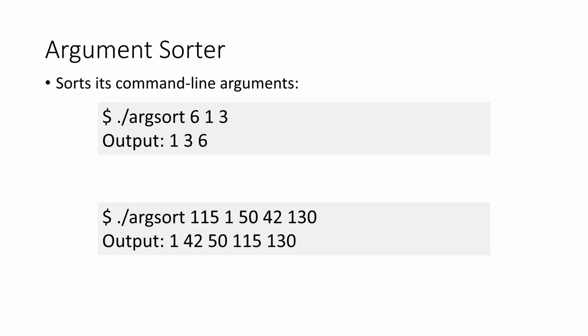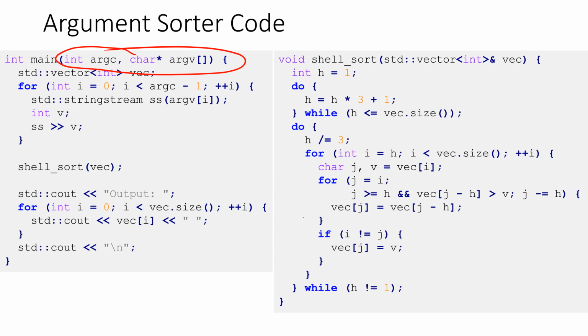So in this case, argc would have been 4. In this case, argc would have been 1, 2, 3, 4, 5, 6. And then argv is an array of C-style strings, just character arrays, an array of those character pointers. The index goes from 0 to argc minus 1, and it gives you each one of those words. So it's pretty simple.